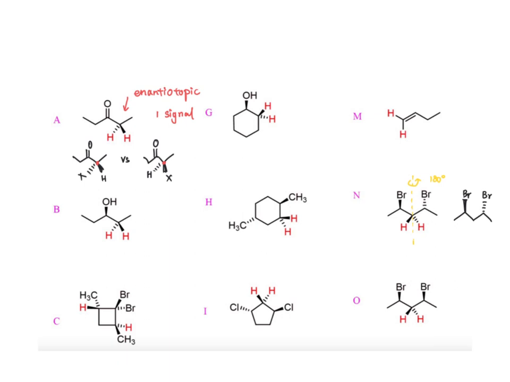If we highlight this hydrogen as a blue hydrogen, this blue hydrogen will go back, and the front hydrogen is that red hydrogen right here, and it gives you the same molecule. That means this blue hydrogen and red hydrogen are exactly the same. They have rotational symmetry, so they are homotopic protons.